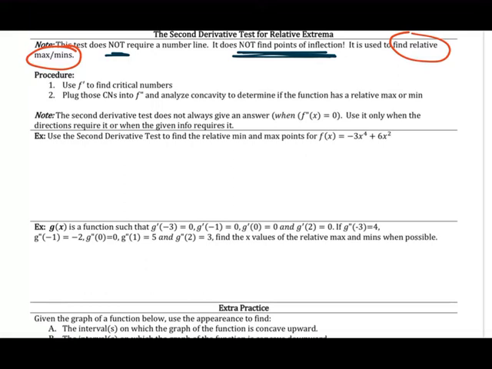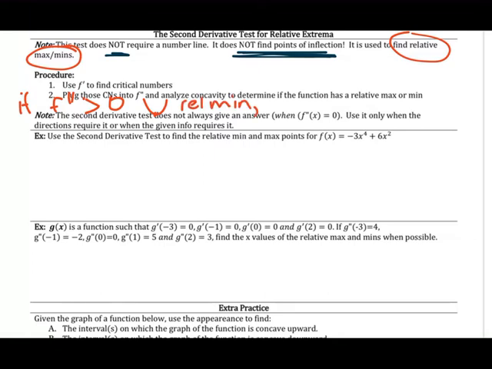So you're going to find the critical numbers for the derivative. Then you're going to plug those into the second derivative to determine the concavity. So think about that. If our second derivative is positive, meaning it's concave up, that would mean this value we're talking about is a relative min, because it would be right down here.